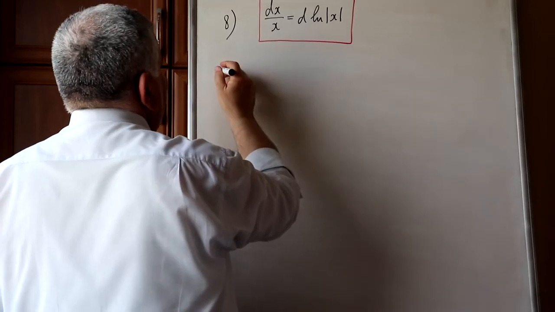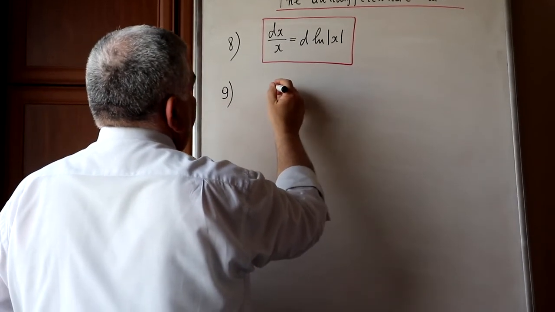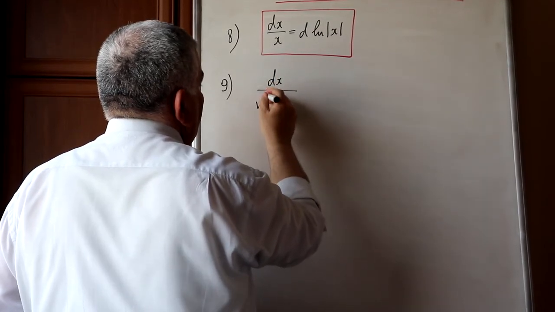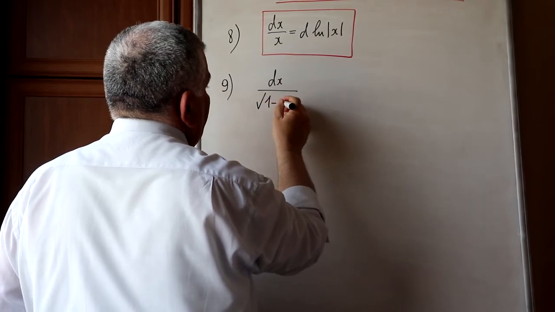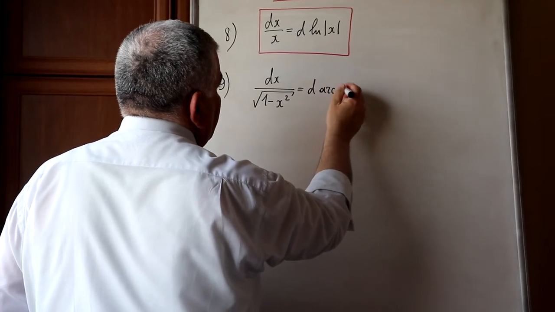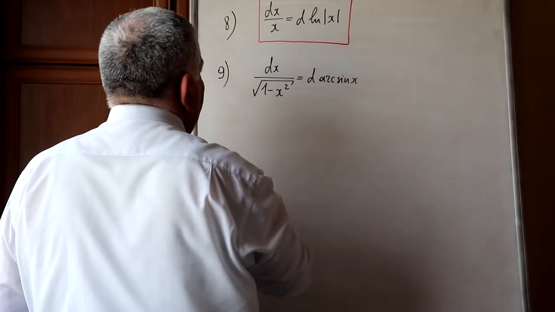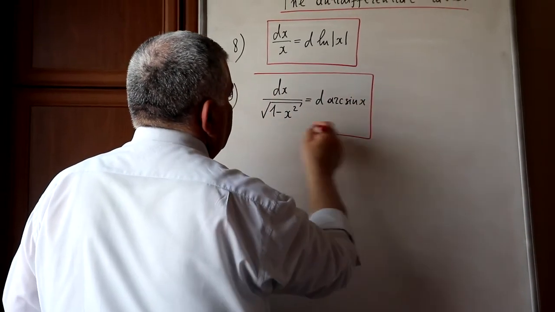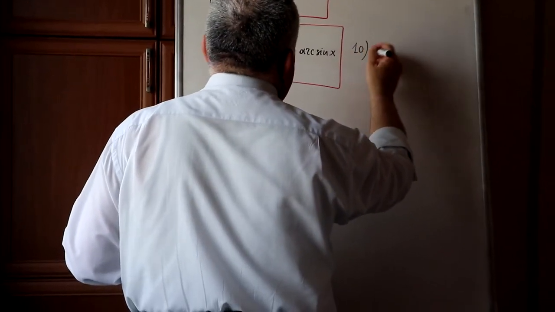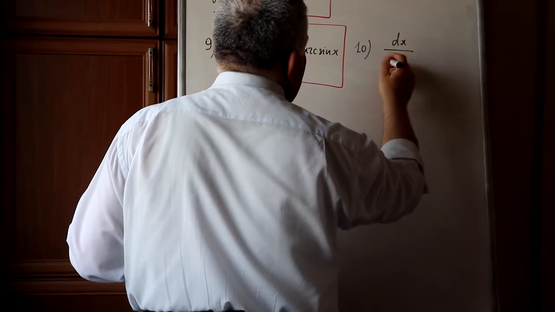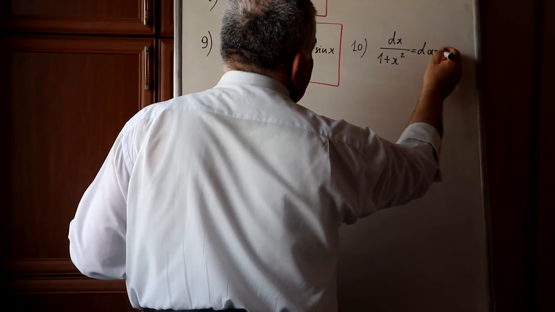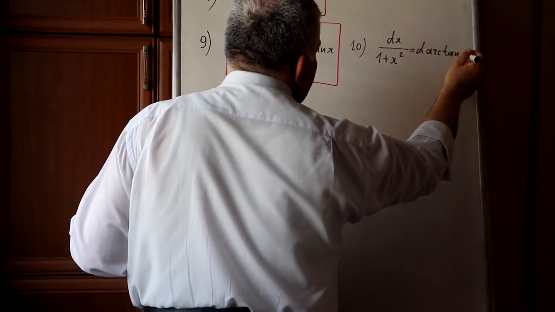Ninth formula, dx over square root of 1 minus x squared is d of arcsine x. Finally write the tenth formula, dx over 1 plus x squared is d of arctangent x.